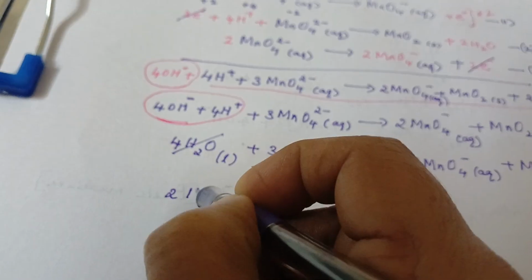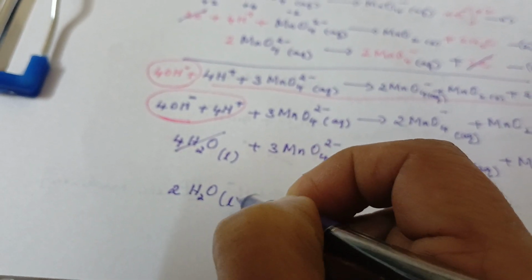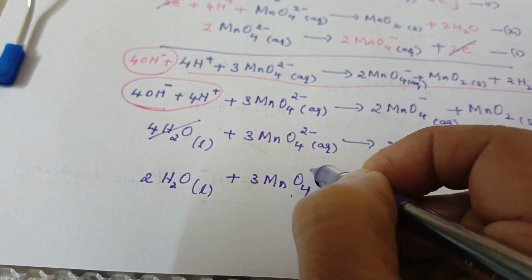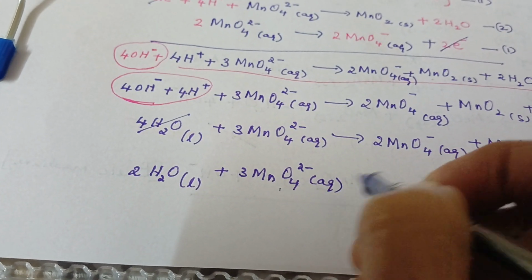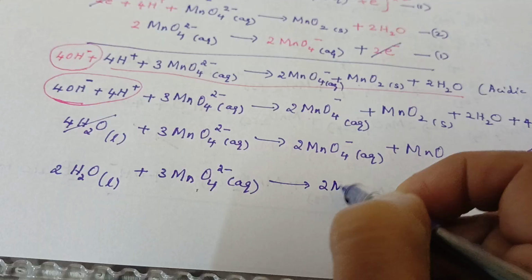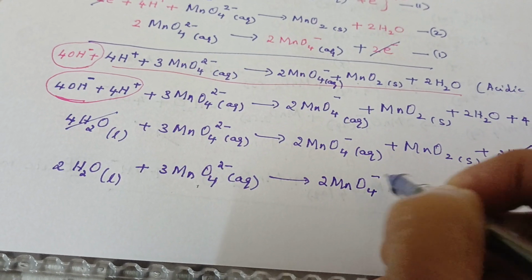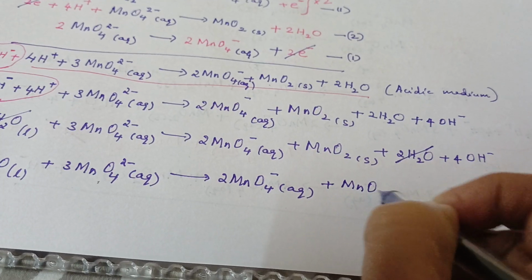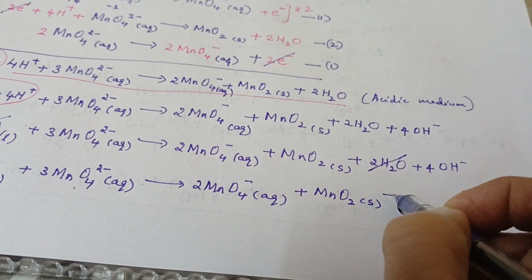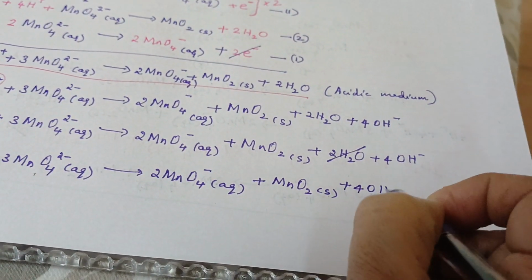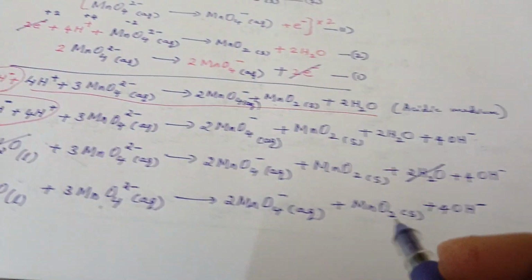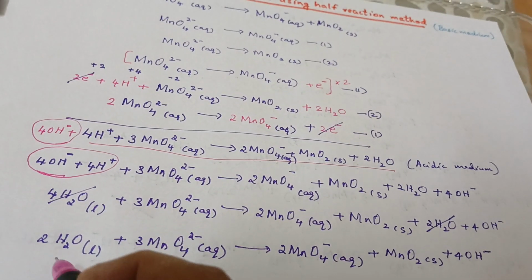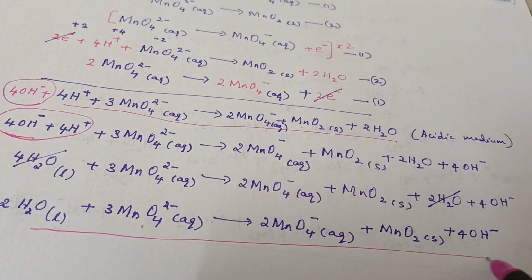So we will write 2H2O liquid plus 3 MnO4 2- aqueous, giving 2 MnO4- aqueous plus MnO2 solid plus 4OH minus. This is the balanced equation in the basic medium.